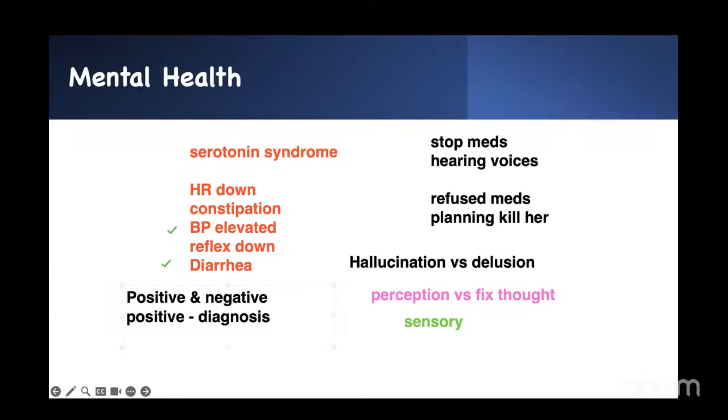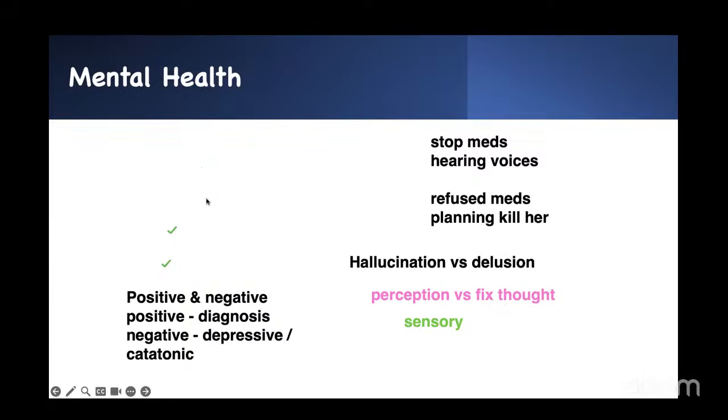This is how. The negative is the depressive symptoms or catatonic symptoms. So these are the catatonic features. Therefore, based on what I've told you, if this is a depressive symptom, then it's easy. I'm looking for things that will cause depression. That's all.